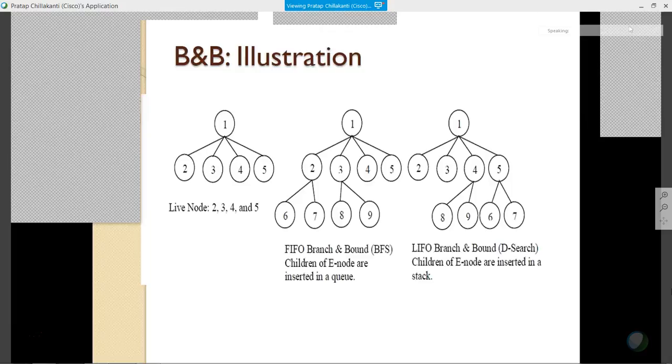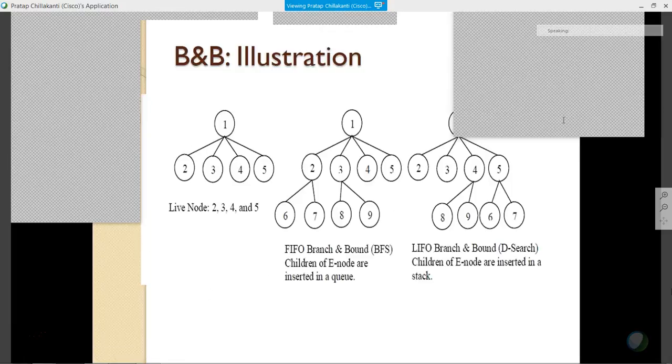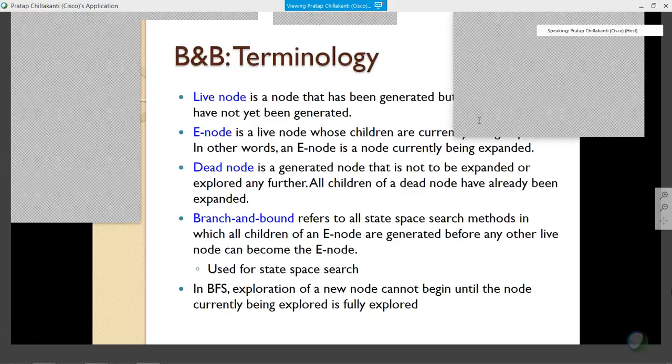Okay, somebody put something here. Yes. Can you please explain again? I'm trying to explain through this illustration. You're talking about explaining the terms.